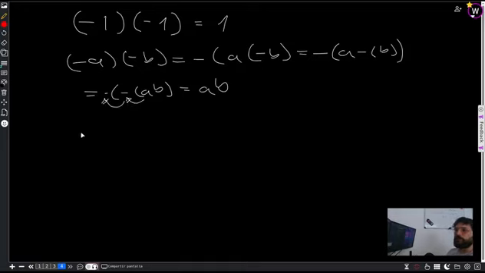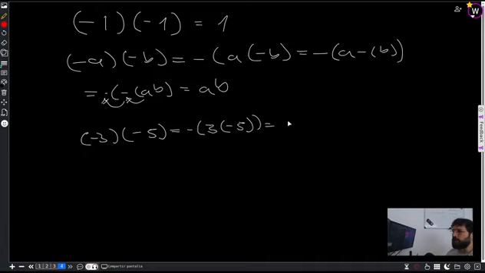If you wanted to say it with numbers, this is the same as saying minus 3 times minus 5. This is equivalent to saying minus 3 times minus 5, and we can use the dot to express multiplications as well.